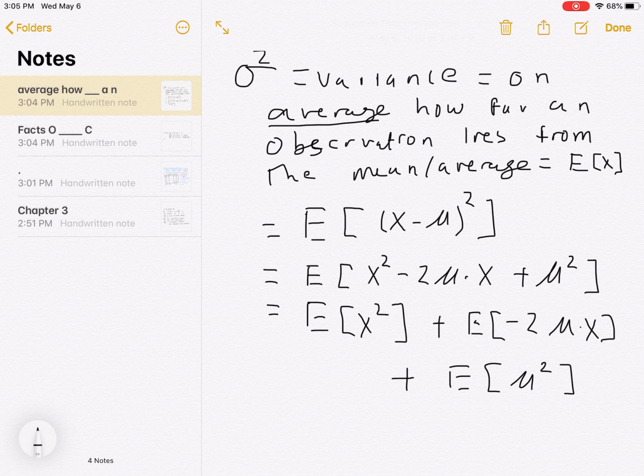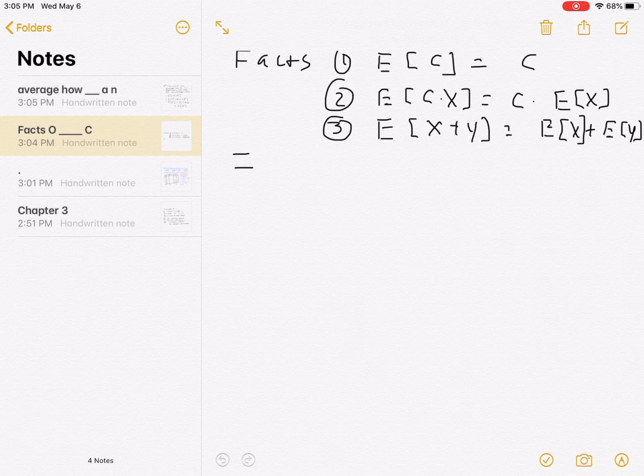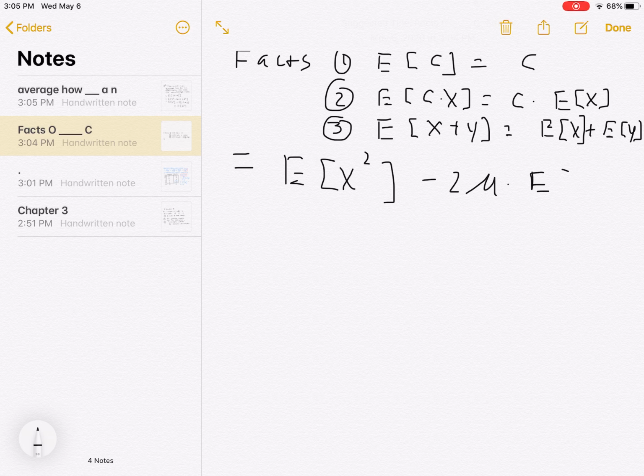Now remember that mu is a constant, so this boils down to just the expected value of x squared minus twice mu times E of x plus mu squared. And note, mu is E of x.